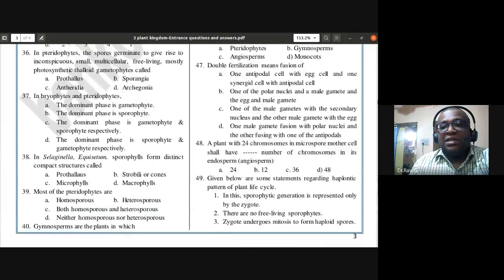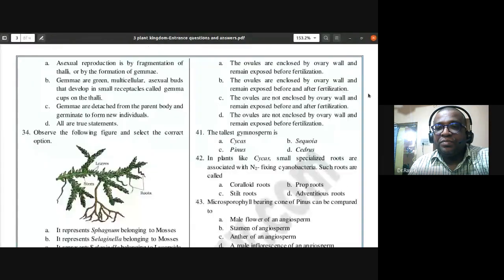Gymnosperms are the plants in which the ovules are enclosed by ovary wall and remain exposed before fertilization. This is wrong. This is also wrong. The ovules are not enclosed by ovary wall and remain exposed before and after fertilization.